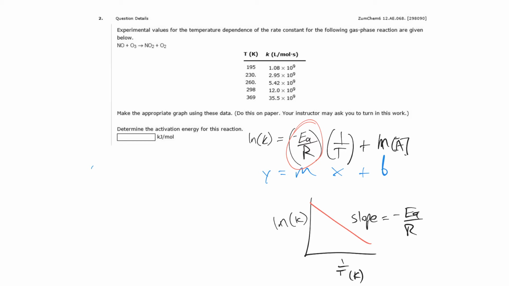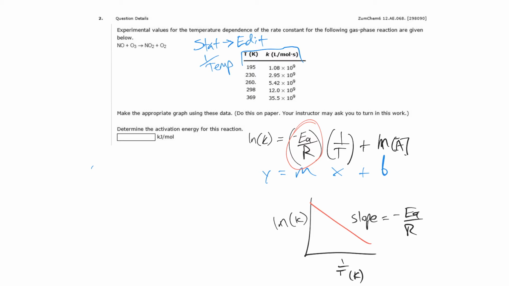Knowing that, then we can take the data that they gave us and manipulate it a little bit. You can do this in your calculator. In fact, I would suggest going to Stat, Edit, and then manually enter the temperature data and the rate constant data. And whichever column you entered the temperature in, set another column equal to the inverse of that temperature.